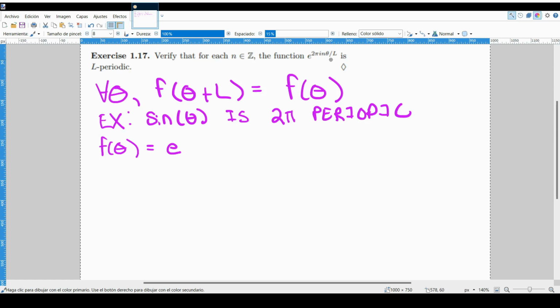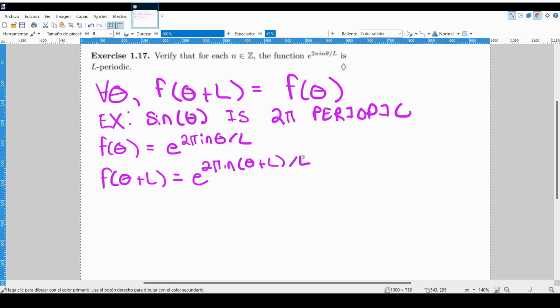So f of theta is just this value here, e to the power of 2 pi I n theta divided by L. Then f of theta plus L is going to be the same, except you're replacing the theta with this, theta plus L. So we have e to the power of 2 pi I n, and then we'll just put theta plus L inside brackets here, divided by L.